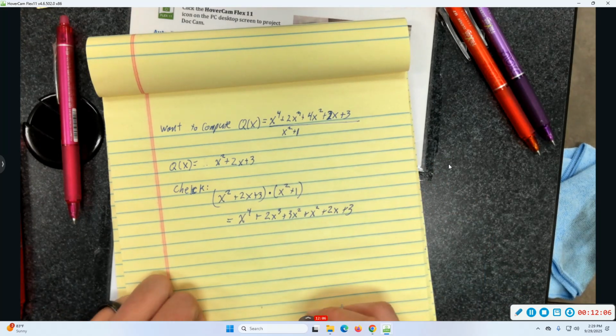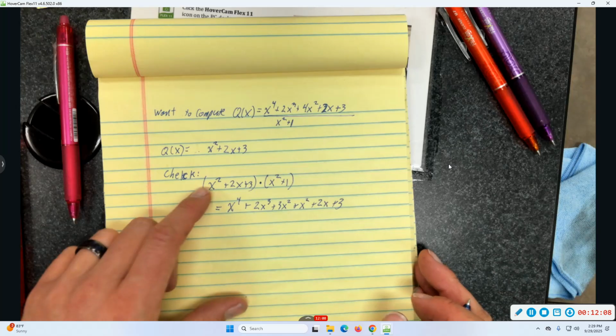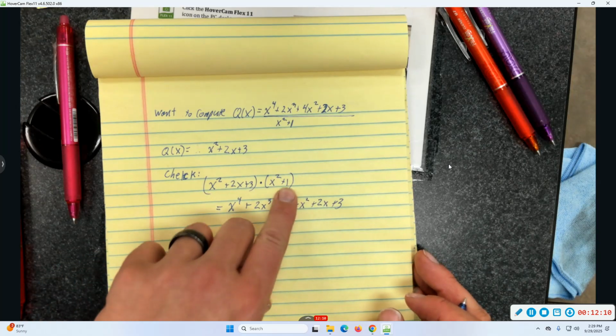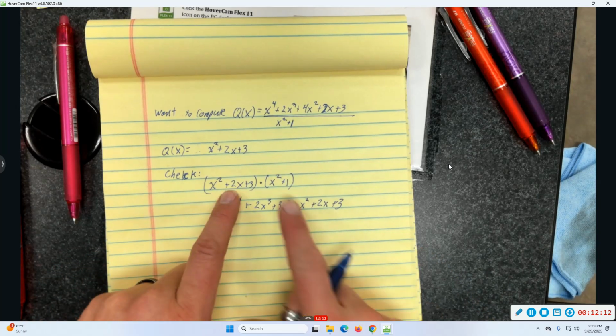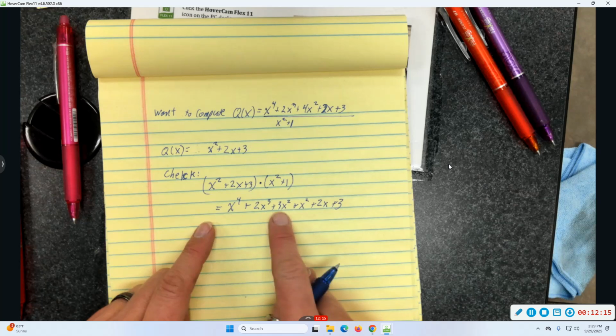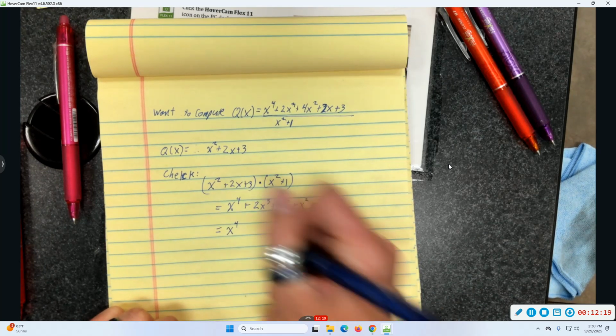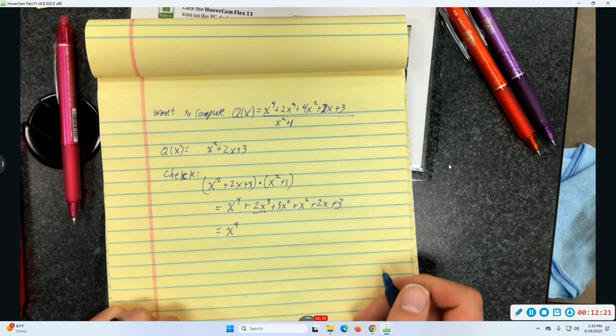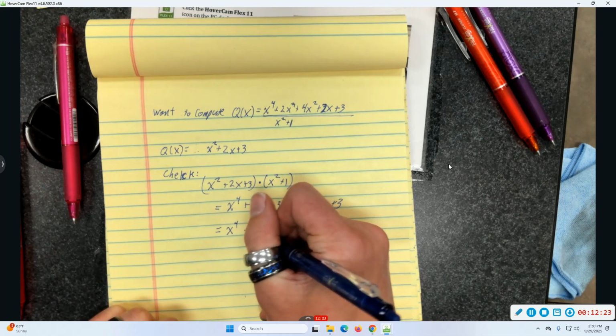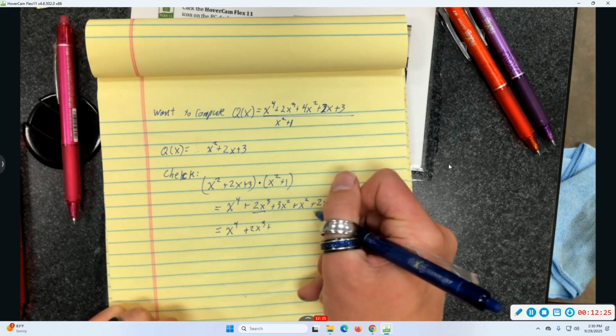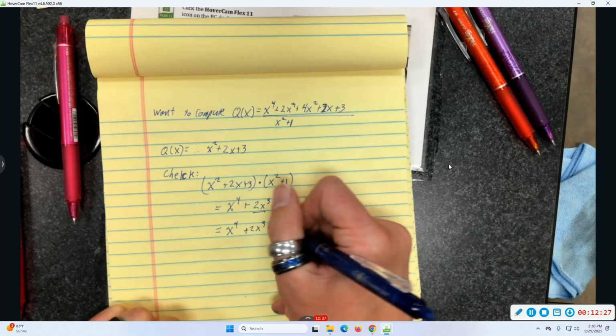Right, so it doesn't matter what order you wind up writing those terms in, as long as each term in that factor is multiplied by each term in that factor. So you should wind up with 3 times 2, so 6 terms. I see 6 terms. Now let's combine like terms. X to the 4th is x to the 4th. That's the only cubic term I see. I see 2 square terms.